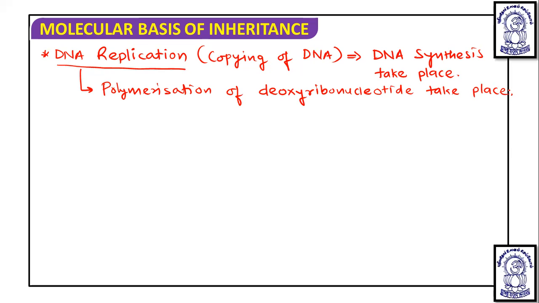And when polymerization of deoxyribonucleotides takes place, the DNA is synthesized. For making a polymer of these deoxyribonucleotides, one DNA strand acts as a template, and based on this template strand, the complementary DNA strand is synthesized by polymerization of deoxyribonucleotides.